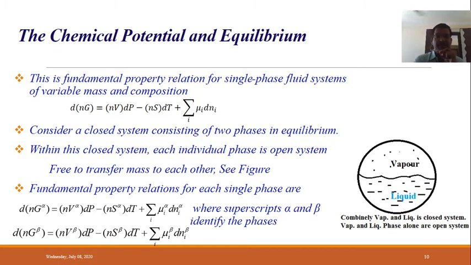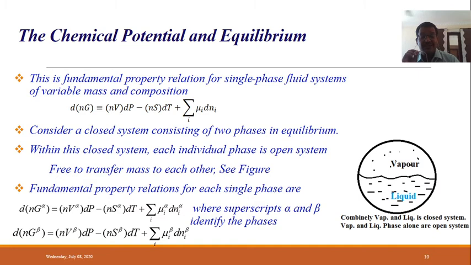Now if you consider this closed system represented in the diagram, there are two phases, vapor and liquid. The vapor phase is an open system. Why? Because different molecules are getting transferred from the vapor phase to the liquid, and some molecules will be transferred from the liquid phase to the vapor, so it is exchanging mass or moles with the liquid phase.